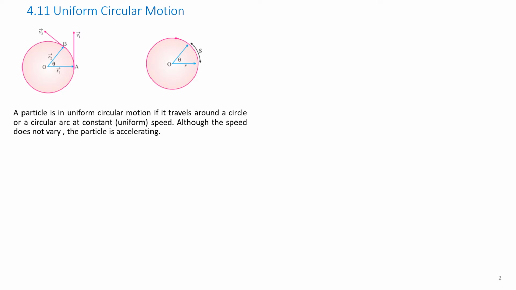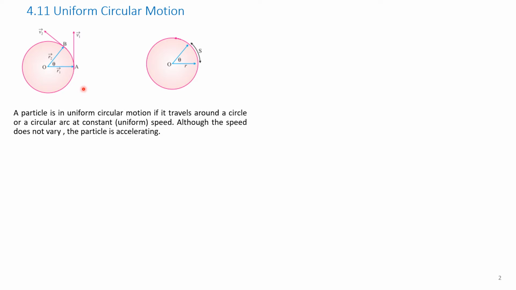Uniform circular motion. A particle is in uniform circular motion if it travels around a circle or a circular arc at constant or uniform speed. So, uniform circular motion exists if a particle travels around a circle, as shown in the figure on the left hand side.